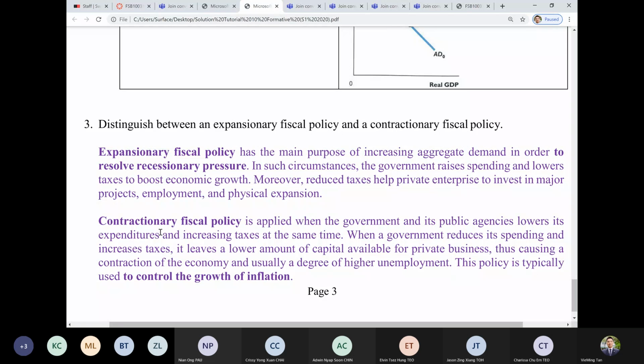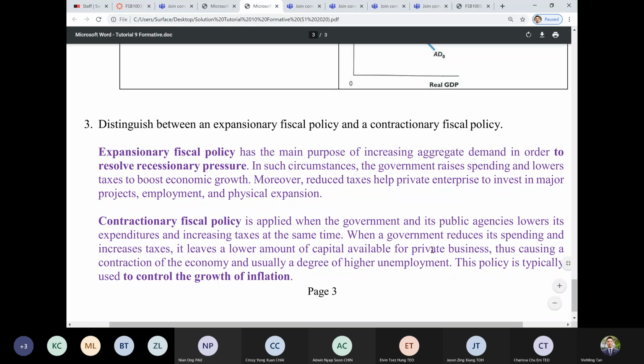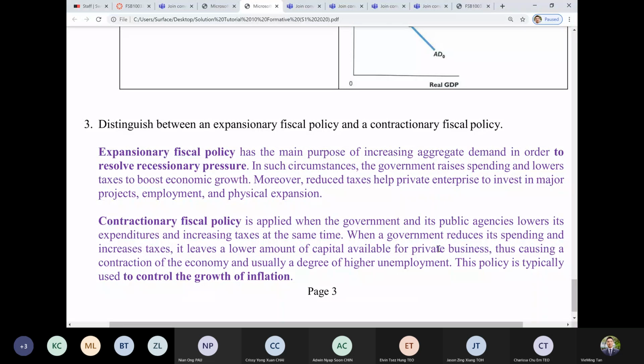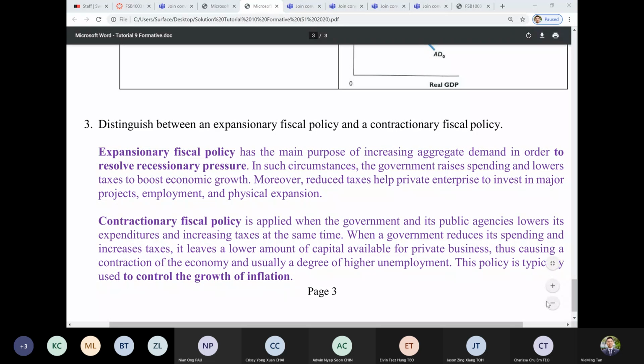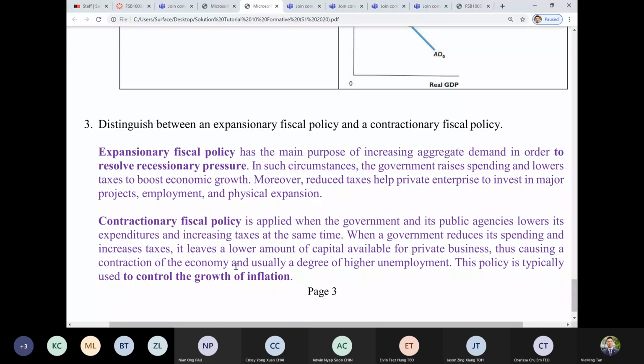So there are two tools again. In order to reduce the inflation, the government can try to reduce government spending and increase taxes charged on the private firm and also the personal household. By doing these two, this can reduce the household expenditure and reduce the investment of private firm, and as a result, this will reduce the AD.